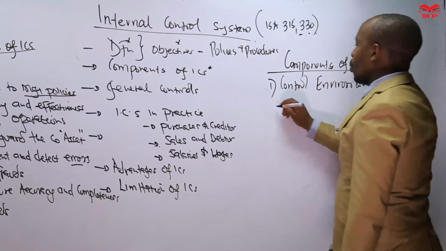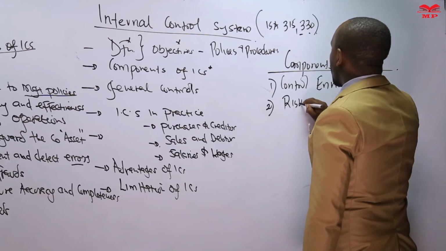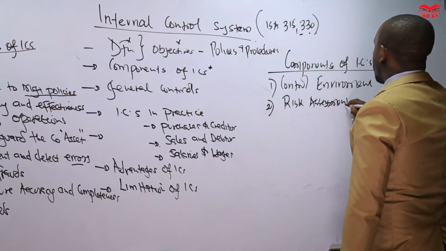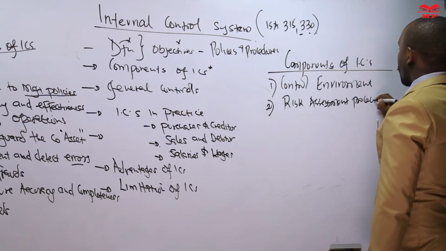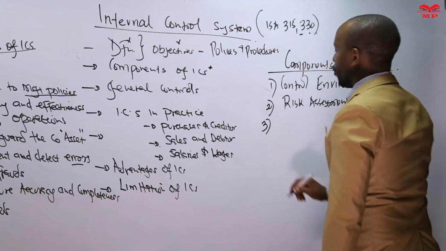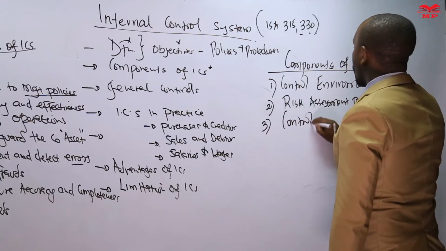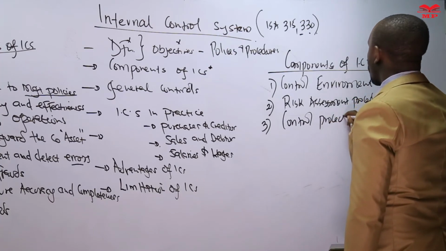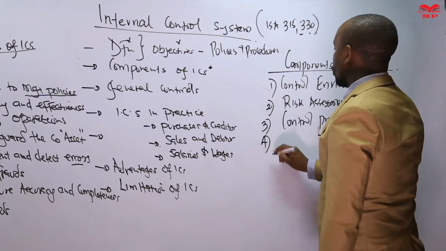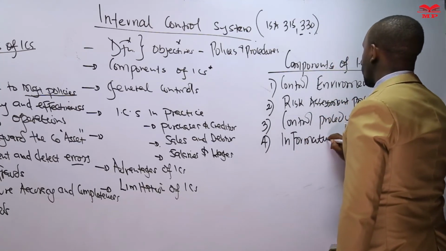And 2, we have what we refer to as the risk assessment procedures. And then we have 3 here, what we refer to as the control procedures. Number 4 here, we have what we call information system and business processes.